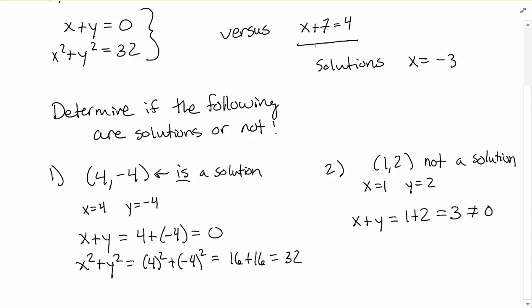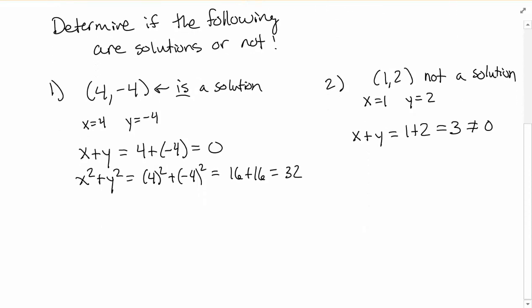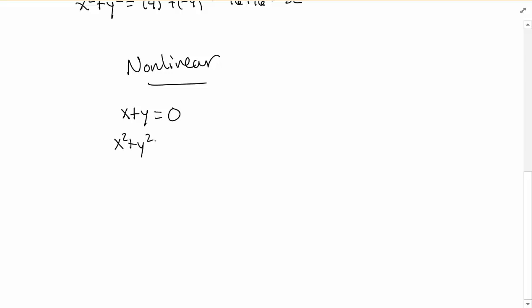If we have two equations and two unknowns, I have an x and a y, my solutions are going to look like ordered pairs x comma y. The ones that we're going to focus on in this section, because this section is all about nonlinear systems. Nonlinear systems means that the one that I had up, just so you can see it again, x plus y is equal to 0, and x squared plus y squared is equal to 32, is nonlinear because you can see that on at least one of my variables, I have an exponent other than 1.